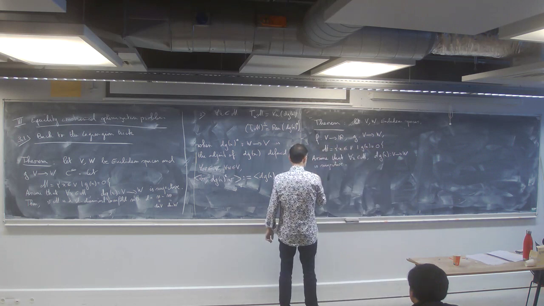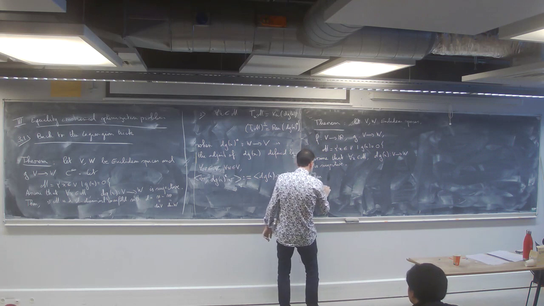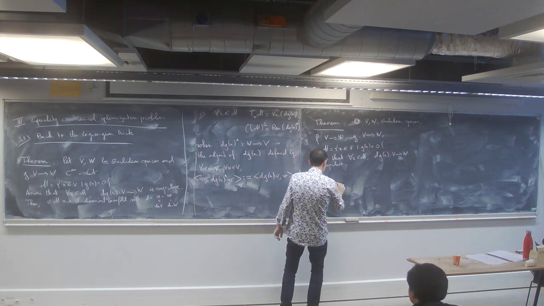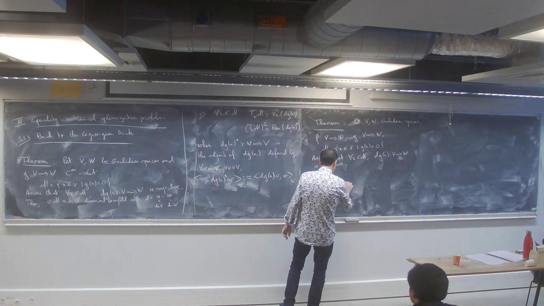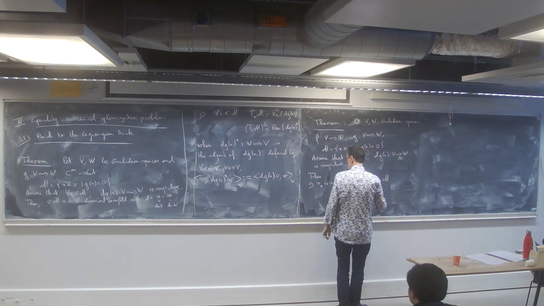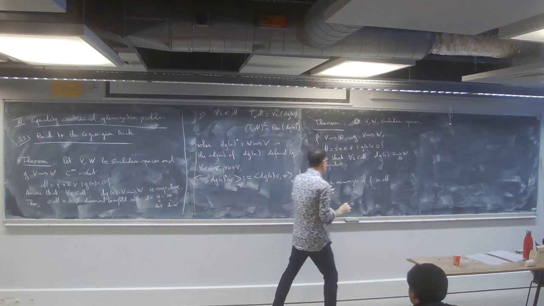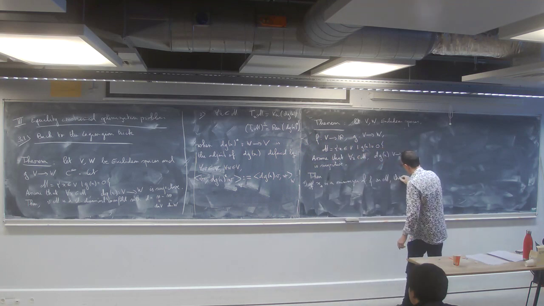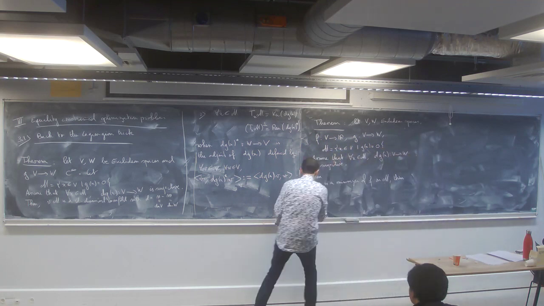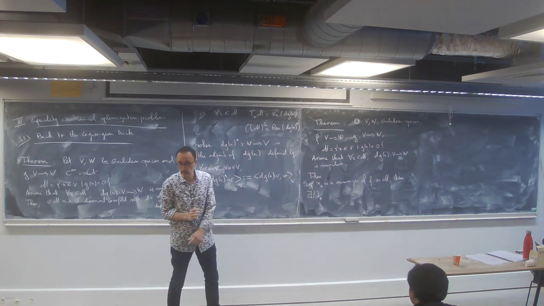Then, if X star is a minimizer of F on M, then there exists a unique lambda star. This is a Lagrange multiplier.